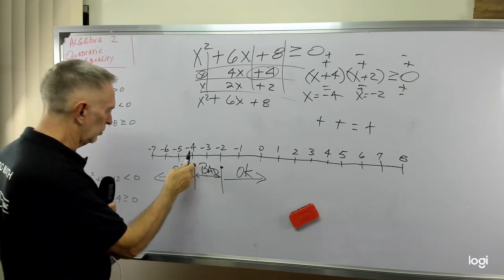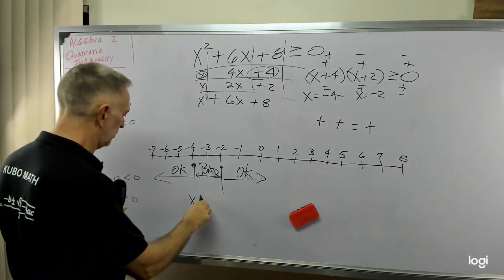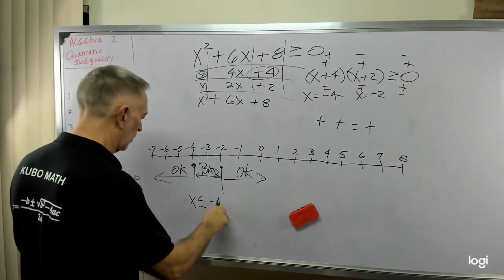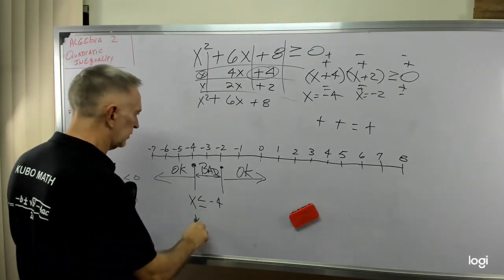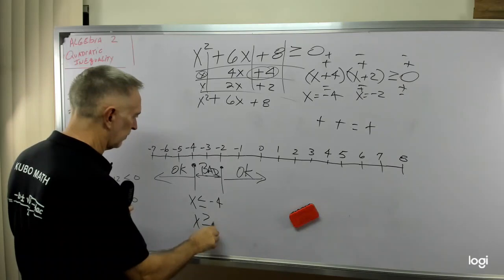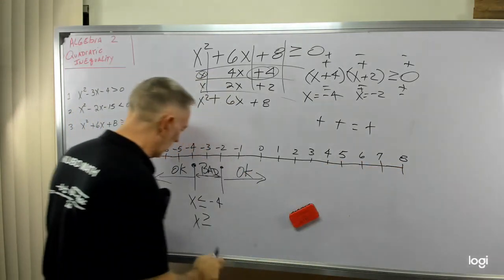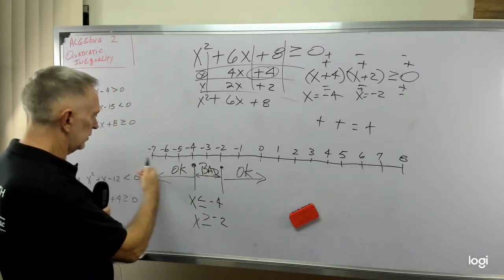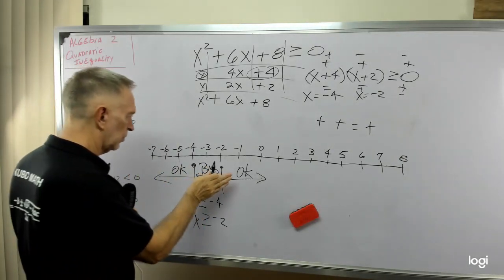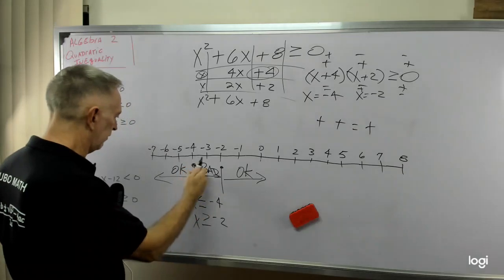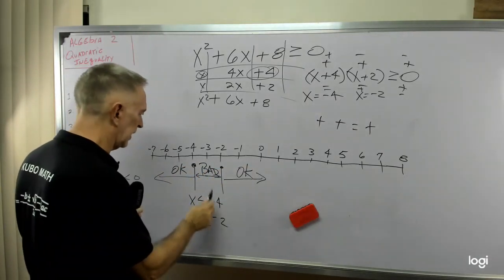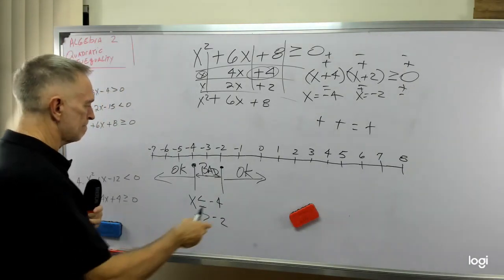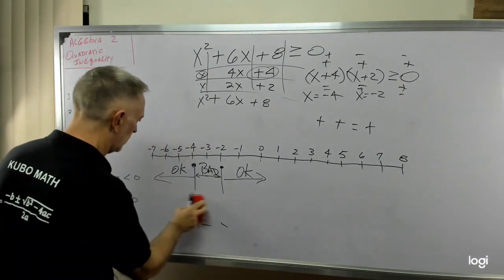Well, it includes -4, but x would be less than or equal to -4, or x is greater than or equal to -2. Less than or equal to -4, greater than or equal to -2. Okay? So far, so good.